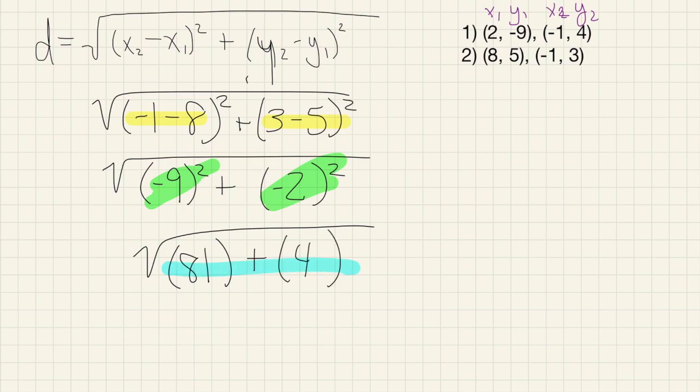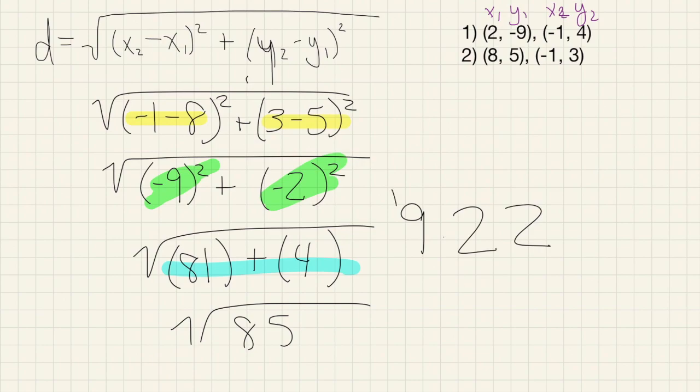Last simplification is to go ahead and add them together. And then if you wanted to simplify that even further, you take the square root of 85, and that'll give you 9.22 as your answer.